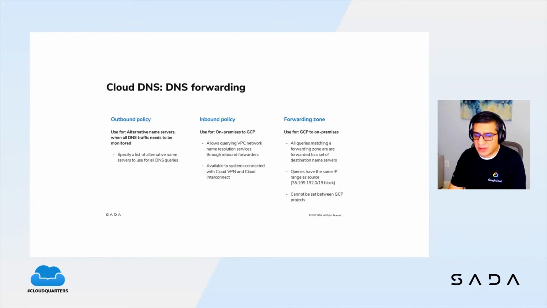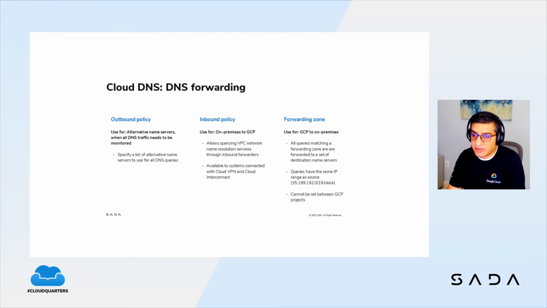For use cases where the customer wants to enable remote DNS servers or remote networks to make inbound calls to the Cloud DNS, we enable a feature called inbound policy. For use cases where certain zones need to be looked up on another DNS server, you can think about it as conditional forwarders.